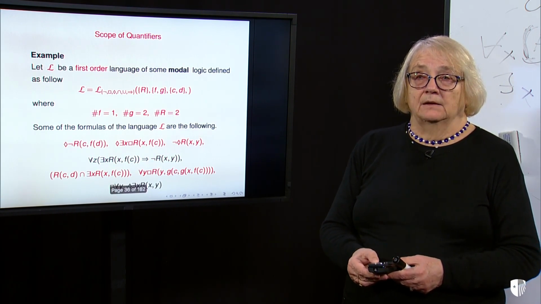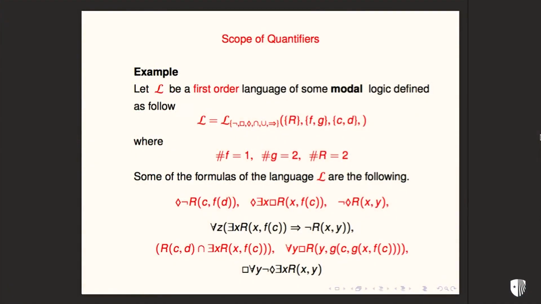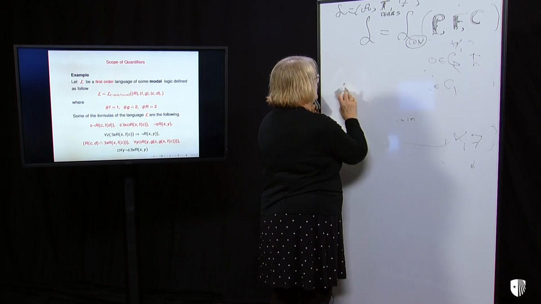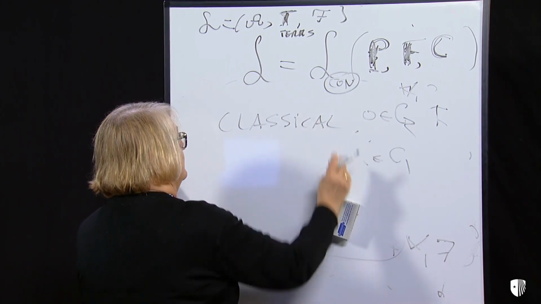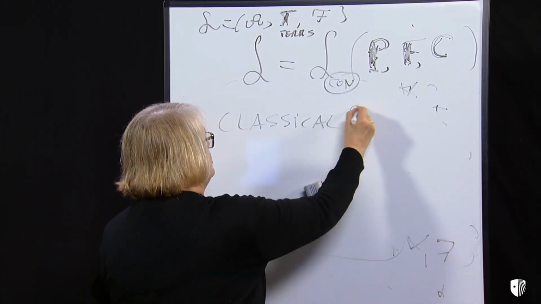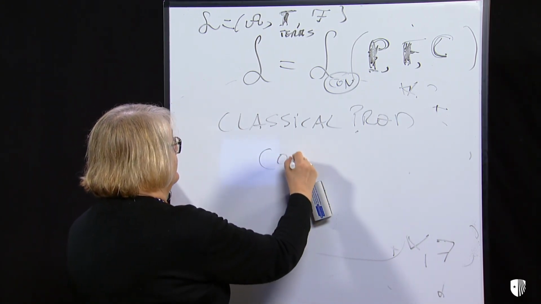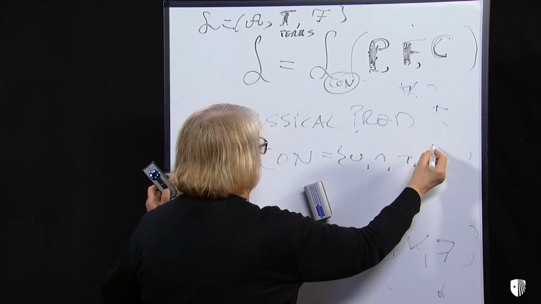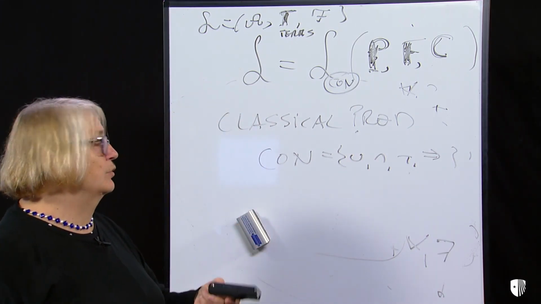Also, as I said, we will be studying classical predicate logic. It means that for our connectives, we can assume that we have all these connectives or negation of any two of them and so on.